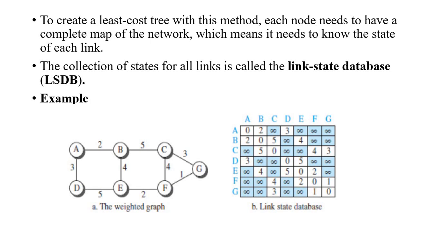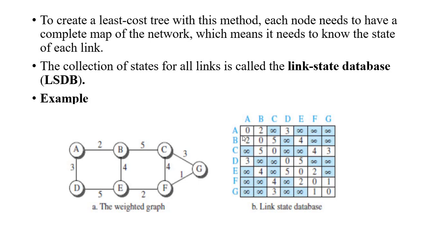Here you can view a weighted graph for the network. Here we can see that 7 nodes are available and connected, thus forming a weighted graph for the network. For this network, if you want to build a database table, this table is called a link state database.